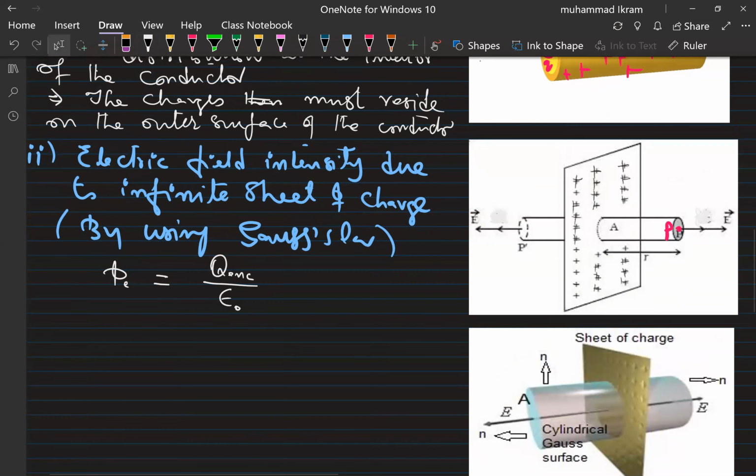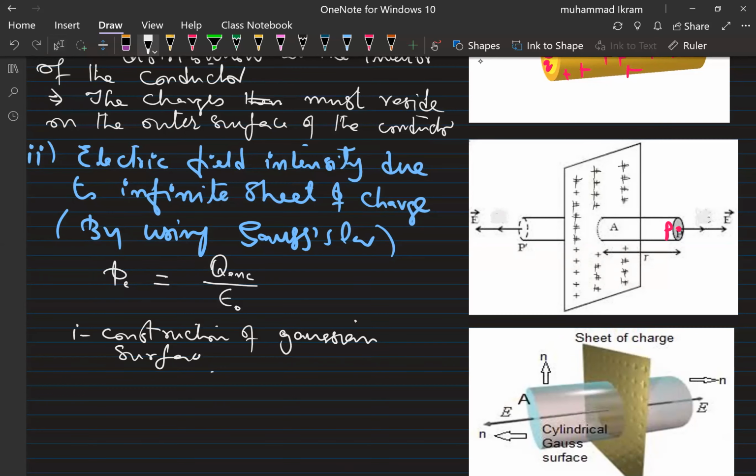So let us look at the point P. First, we need the construction of the Gaussian surface, the closed surface. It is in the form of a cylindrical shape, around the point P, where we wish to calculate the electric field intensity.